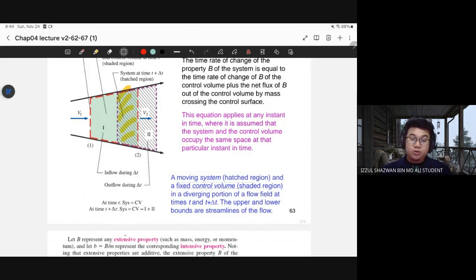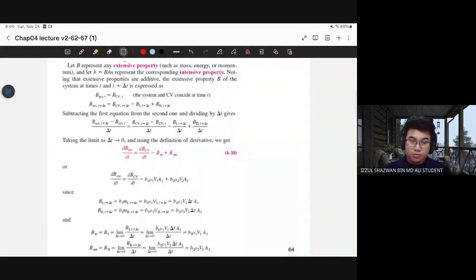Now let's continue. Big B is representative of any extensive property such as mass, energy, momentum, and much more. Then small b, equal to big B over m, is representative of an intensive property. Note that extensive properties are additive.